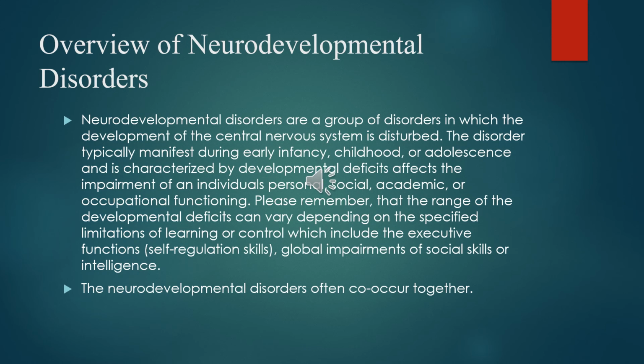Please also keep in mind that the range of the developmental deficits can vary depending on the specified limitations of learning or control, which include the executive functions, self-regulation skills, global impairments of social skills, or intelligence. The neurodevelopmental disorders can co-occur, which means if a child has been diagnosed with autism spectrum disorder, they can also be diagnosed with an intellectual disability or intellectual developmental disorder.